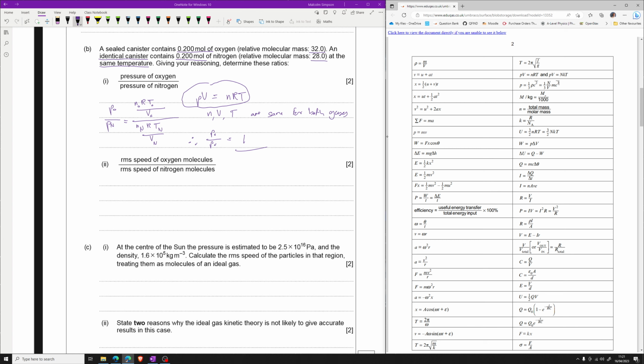So I would be using P equals 1/3 N over V times c bar squared. And I'm just going to rearrange that into an expression for c bar, and then hopefully that's going to fall out with some sort of answer. So c bar squared, rearranging for that, is going to be 3PV over Nm.